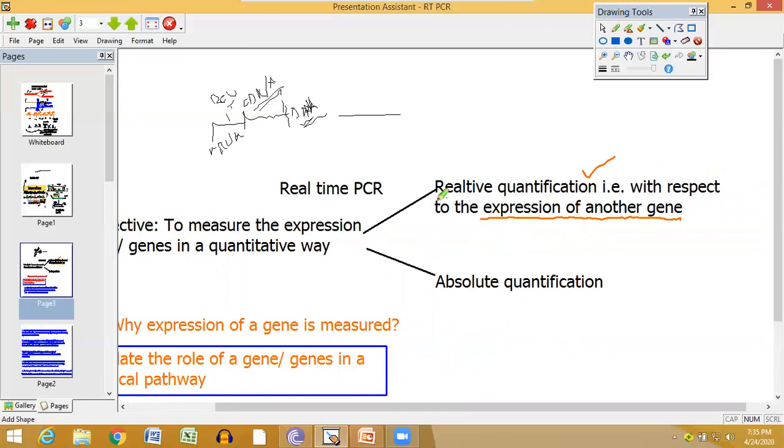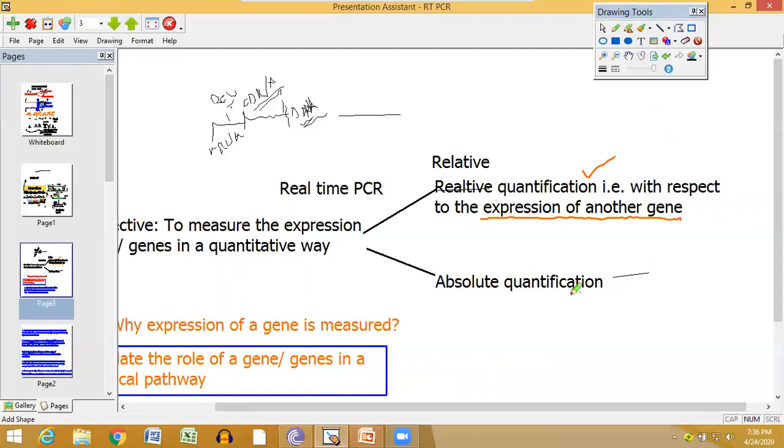There may be two types of quantification. One is relative quantification, that is, with respect to the expression of another gene. That means you are comparing the expression of two genes and expressing one gene's amount with respect to the other. The second is absolute quantification.